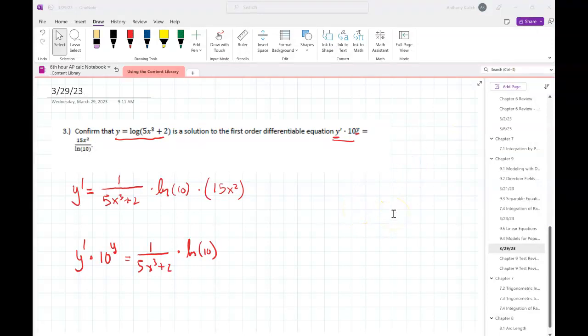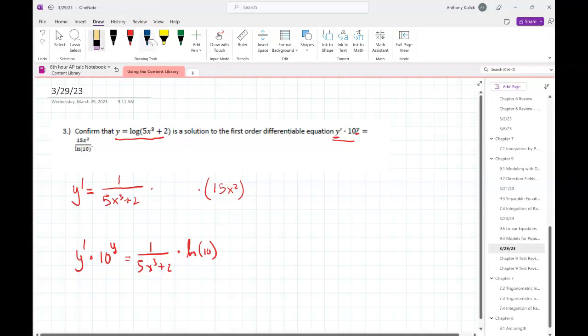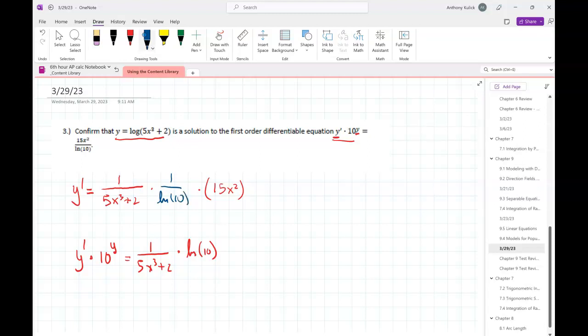So we'll just fix that real quick. So that's all the derivative, and then I have 10 to the log 5x cubed plus 2.